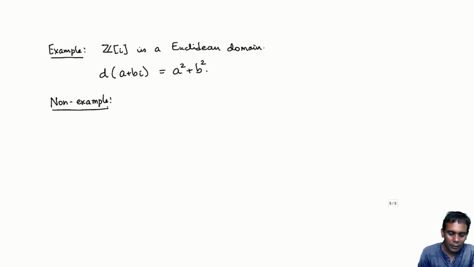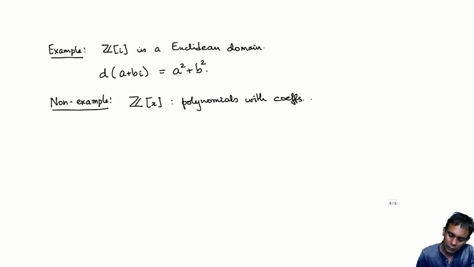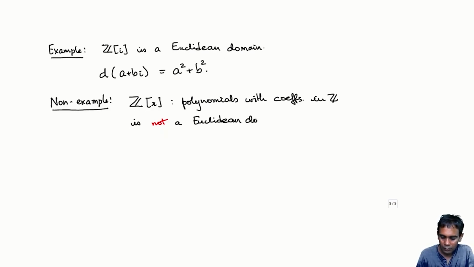So we've been working with polynomials with coefficients in a field. But if I take Z[x], polynomials with integer coefficients, then this is not a Euclidean domain. Why is that?